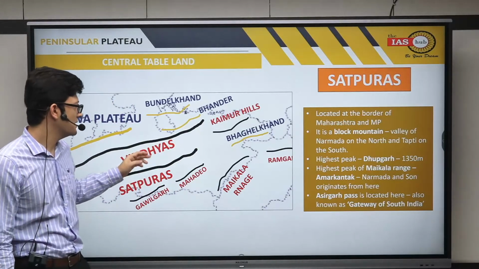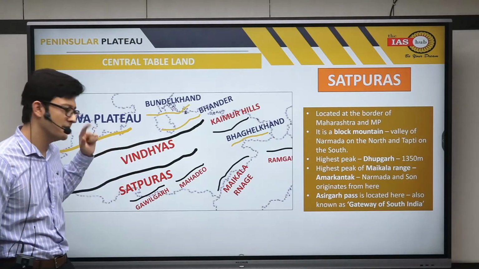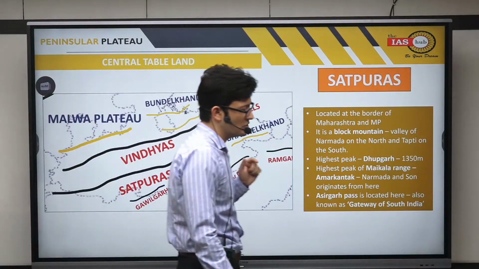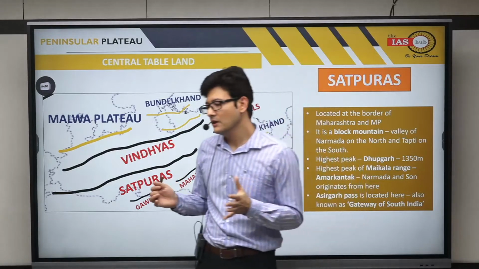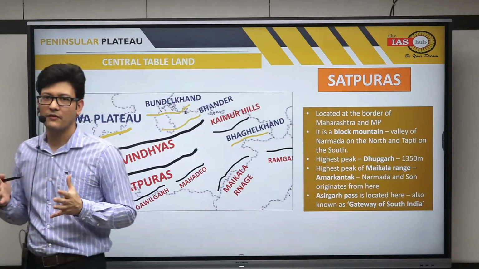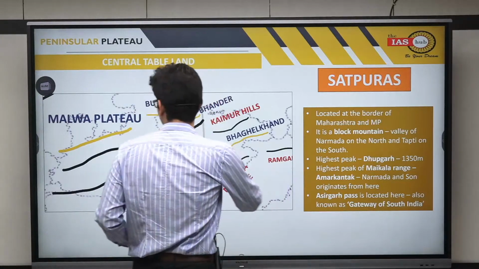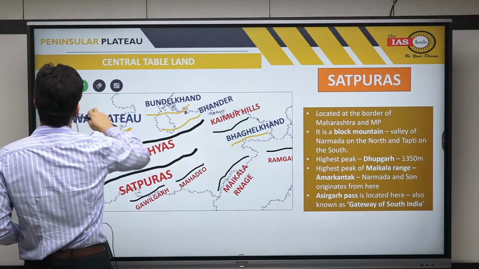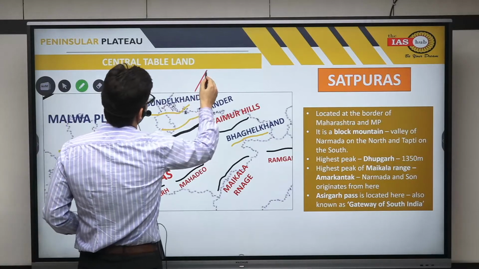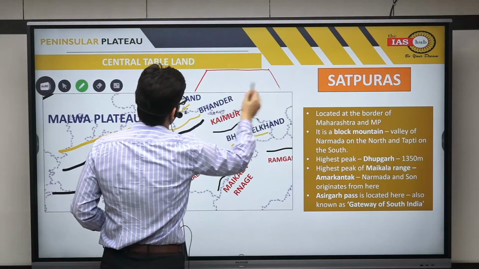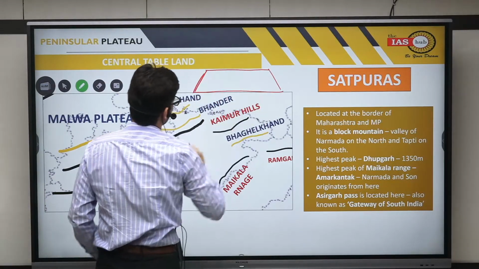Satpura ranges also, it is a block mountain, unlike the Vindhyas mountain. Block mountains are those mountains which are created due to the rift action, due to the fault action which has been created locally. So a certain amount of, let's say, mountain, this is a tableland which was already present in the plateau region initially.